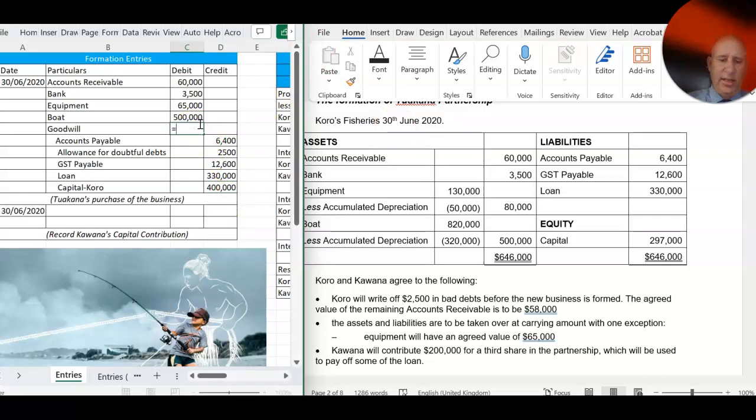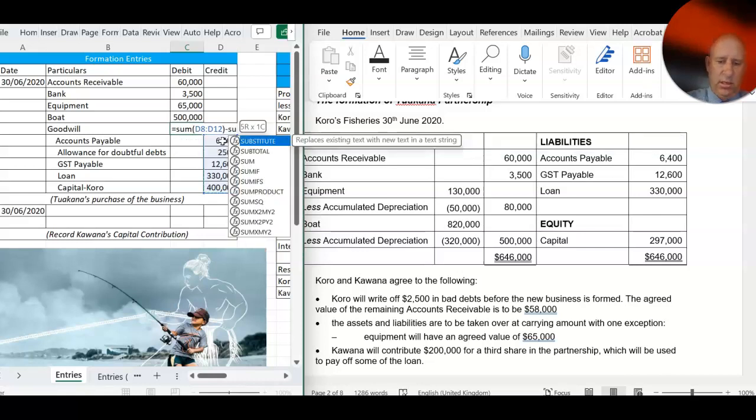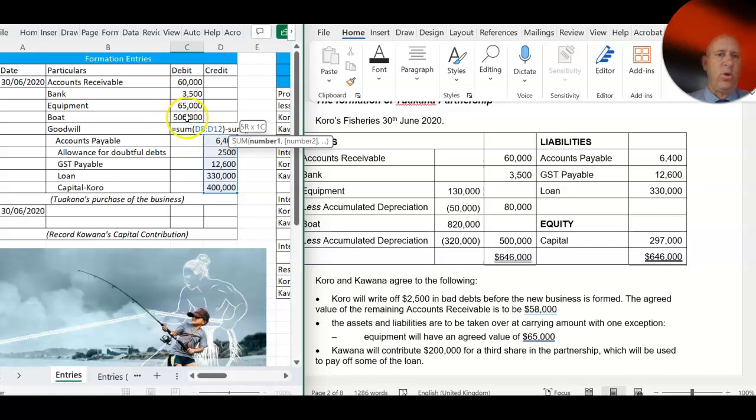Calculate goodwill. That's a balancing figure of all your liabilities and capital, if you add those up, minus adding up all your assets. Just check out the formula and type that in on yours.